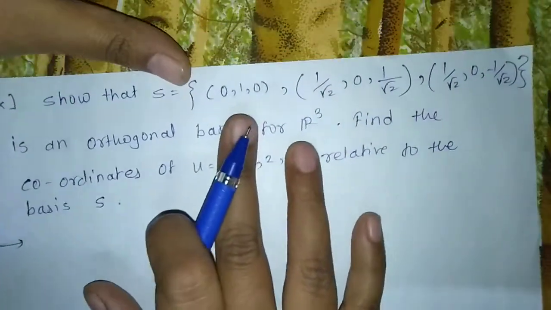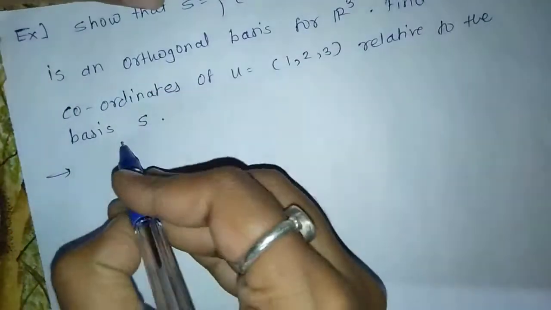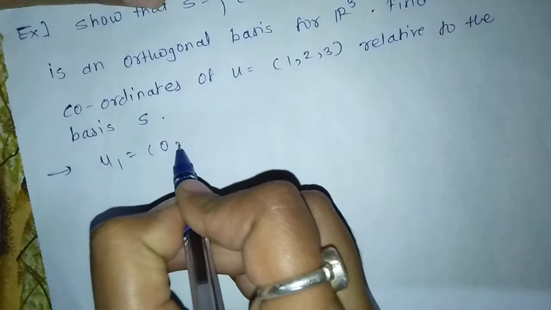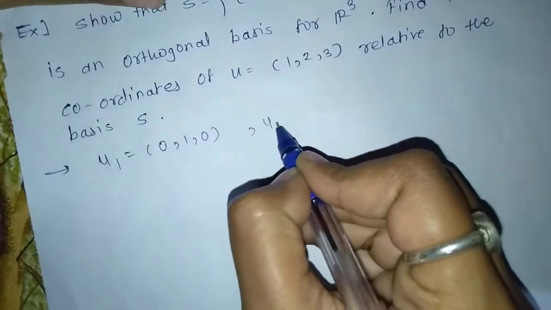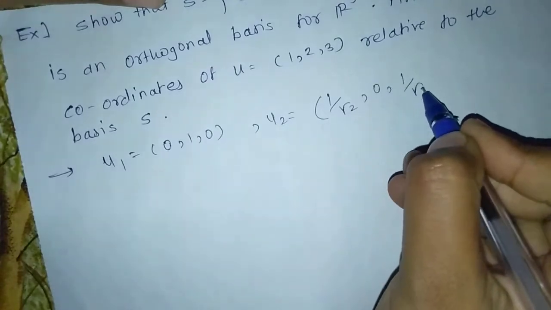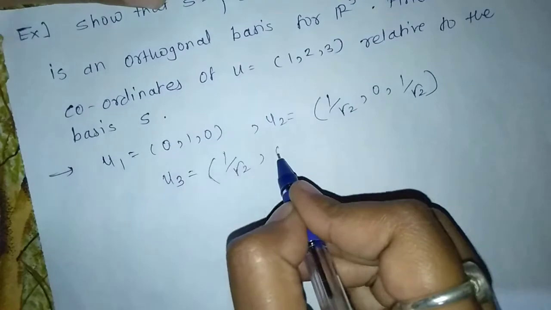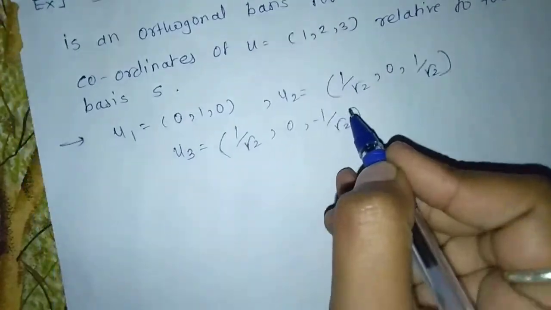So take u1 equal to (0, 1, 0), u2 equal to (1 upon root 2, 0, 1 upon root 2), u3 equal to (1 upon root 2, 0, minus 1 upon root 2).